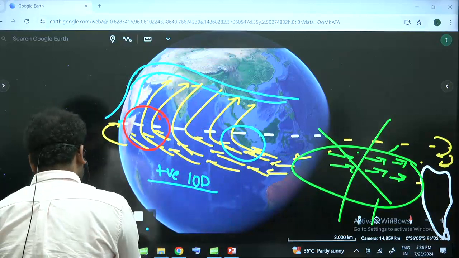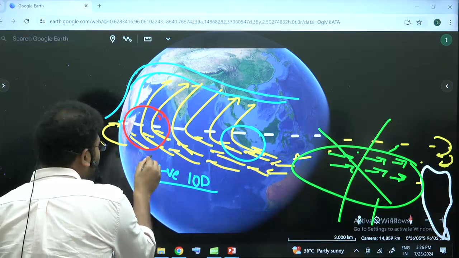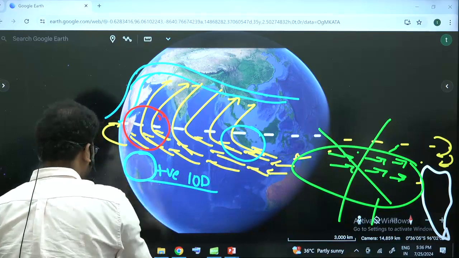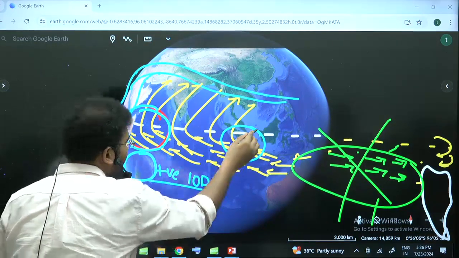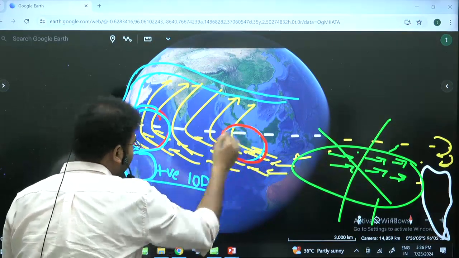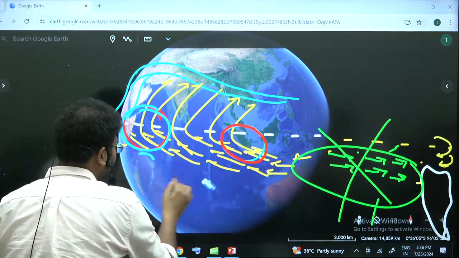If by chance you have the conditions where the cold water is in this place, and if you have warm water on the eastern side, this is called negative Indian Ocean dipole.